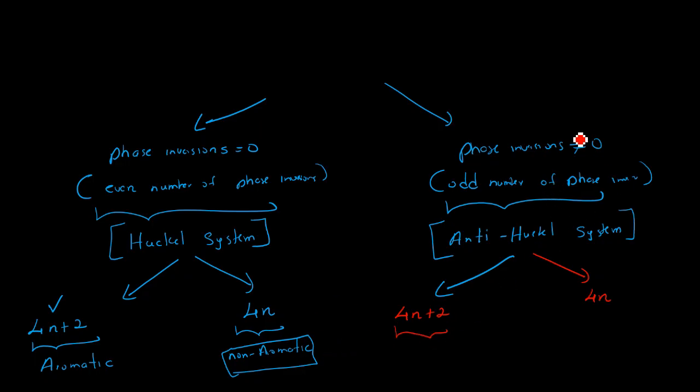If your compound is anti-Huckel, which means your compound has phase inversion, you can't make it 0, then if your pi electrons satisfy the 4n plus 2 rule, then it's non-aromatic. If your pi electrons satisfy the 4n rule, then it's aromatic.